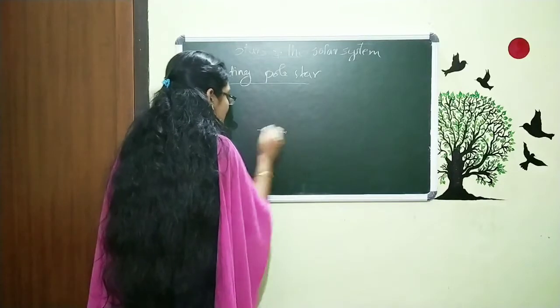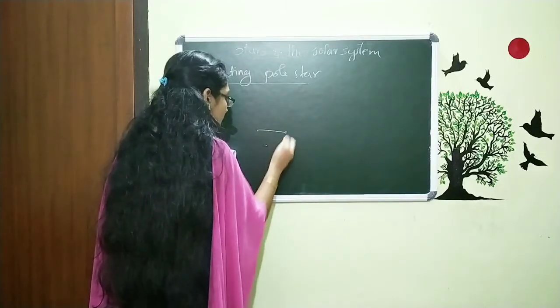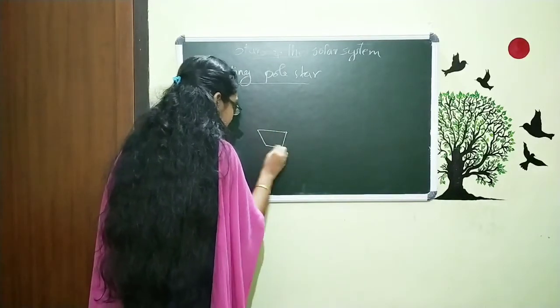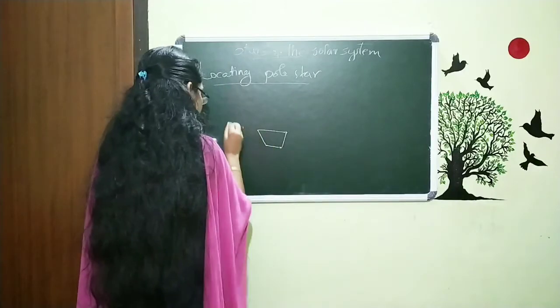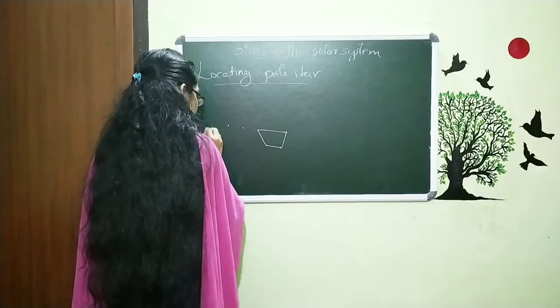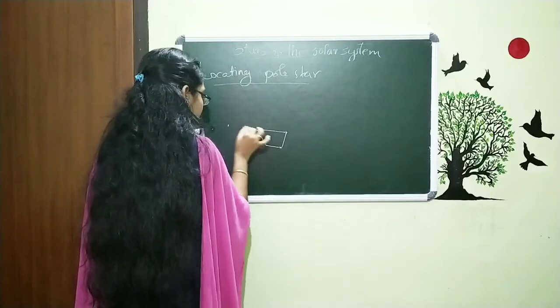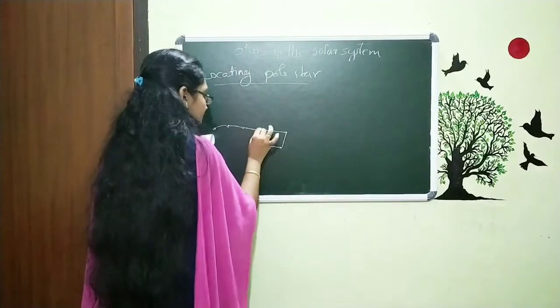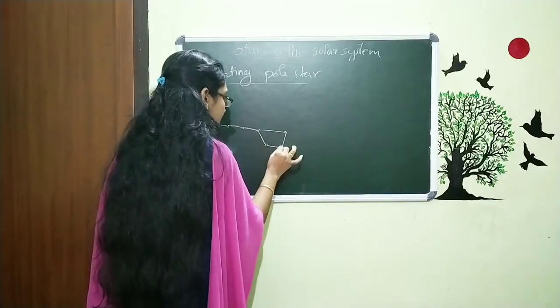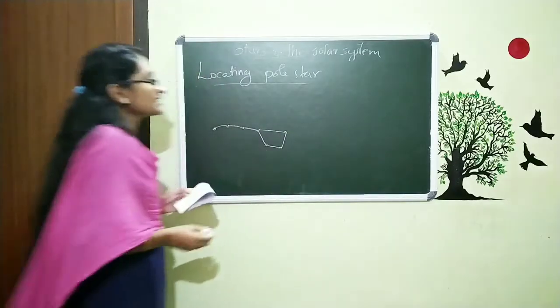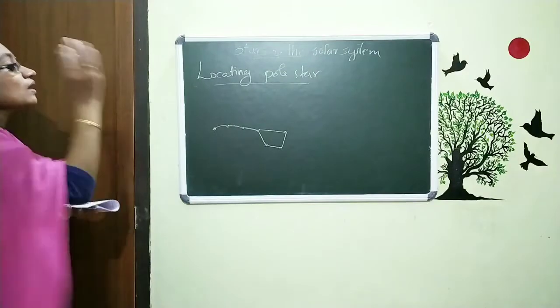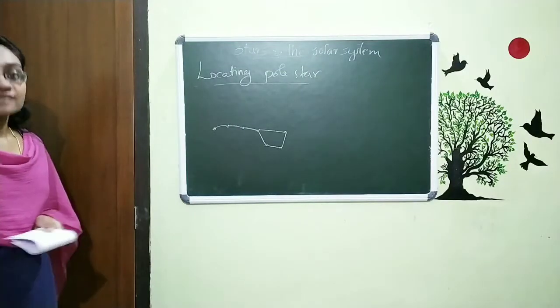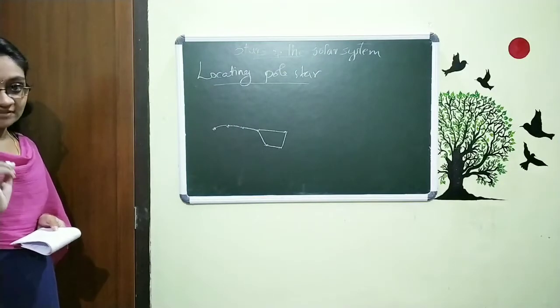It is like this: 1, 2, 3, 4. This is how we see this Ursa Major, and our aim is to locate the pole star.